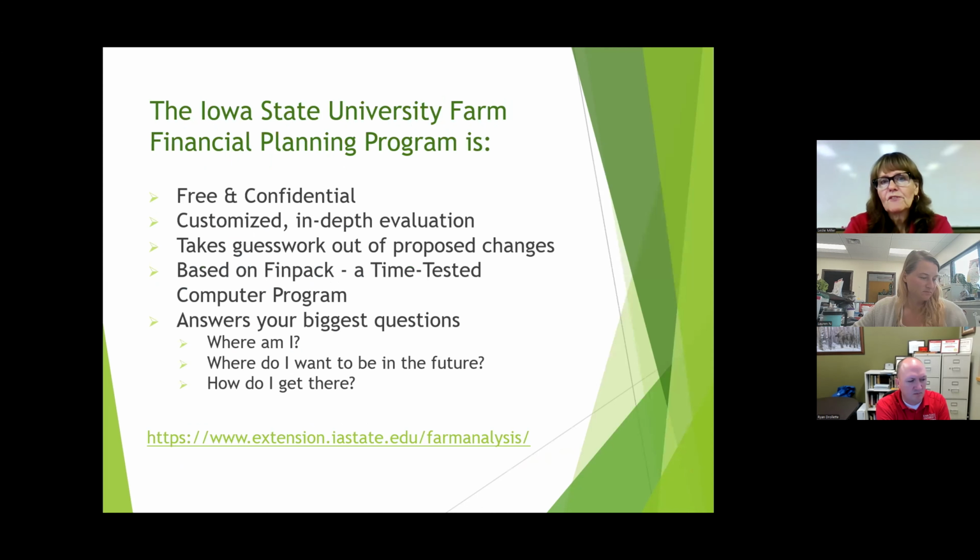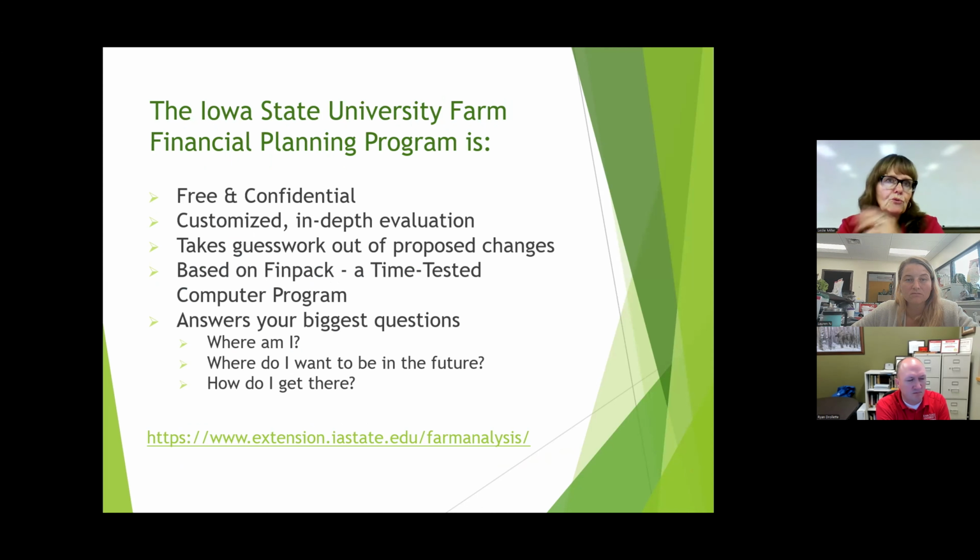So I did talk about the Farm Financial Planning Program. I'm one of several Farm Financial Planning Associates throughout the state, and that service is free. As Ryan said, you should talk to your lender if you're having problems. If you feel like you're not getting enough input from your lender, or you're maybe a little uncomfortable having that conversation, you can reach out to the Farm Financial Planning Associates.